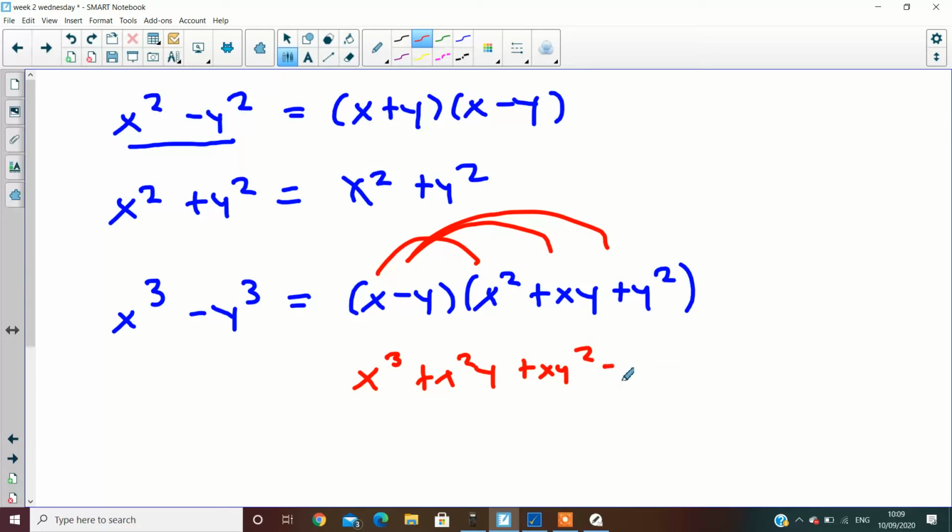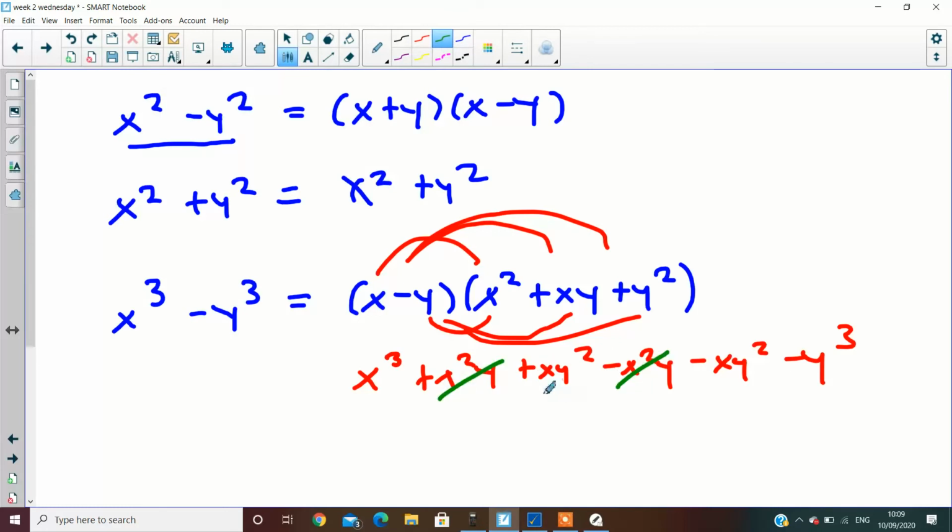Then you get minus x squared y, minus xy squared, and finally minus y cubed. And what cancels? That will cancel with that one, and that one cancels with that one, and you're left with what you began with. So there's two new formulas on the horizon.